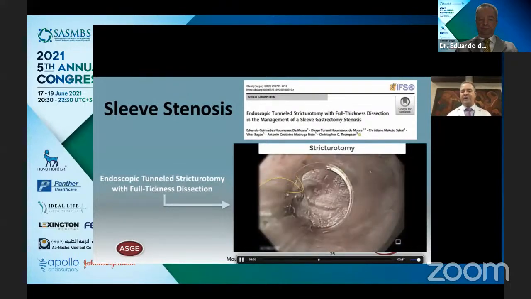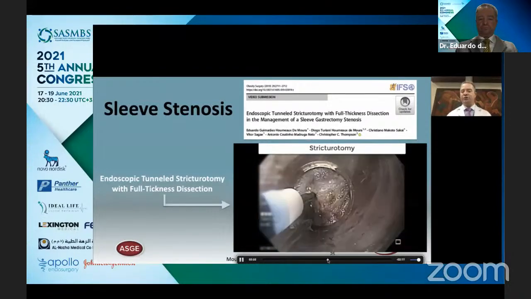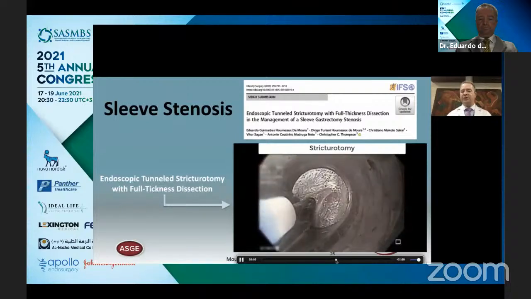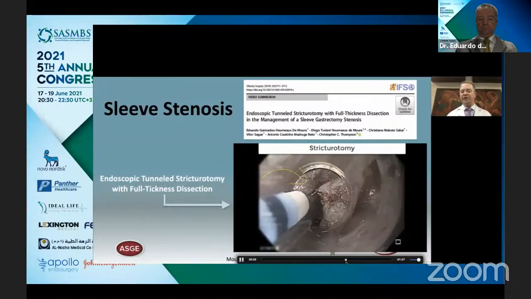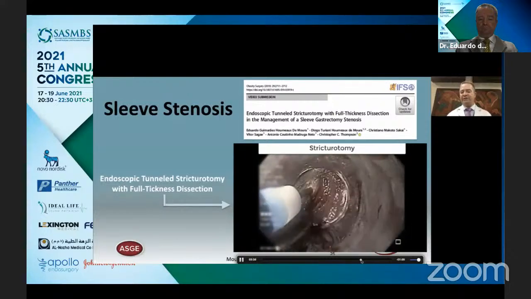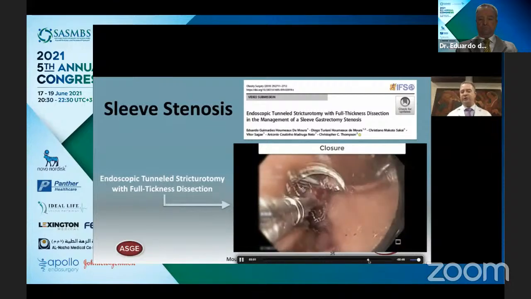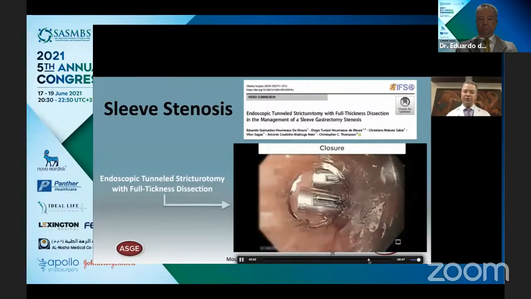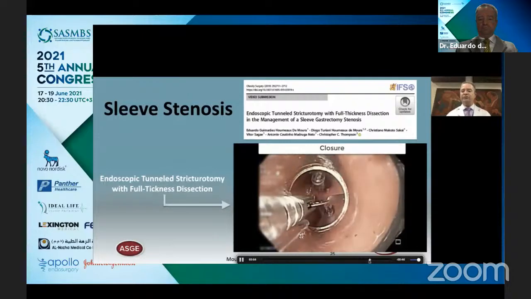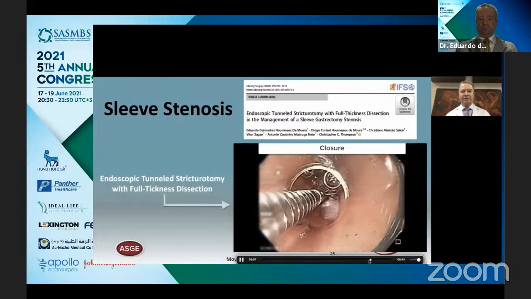After identifying this area, I cut the tissue, full thickness, and identify the abdominal cavity. After I cut the muscular and the fibrosis, I close the tissue with clips.